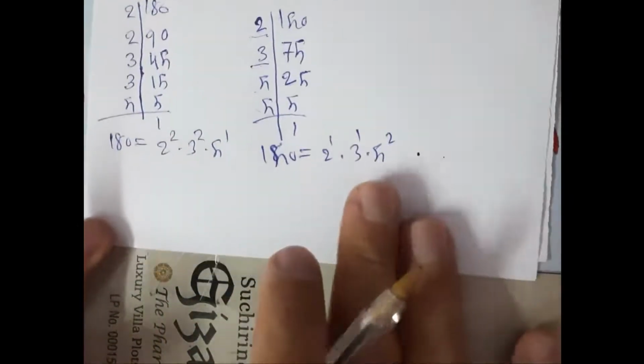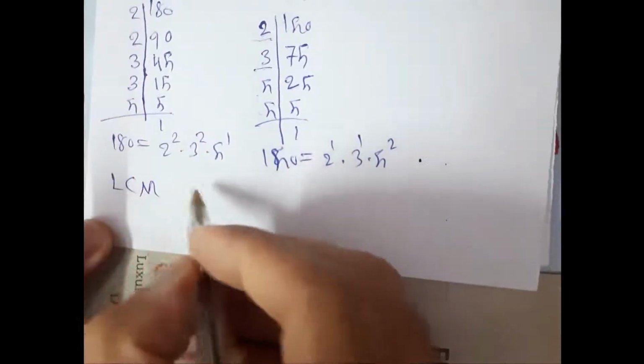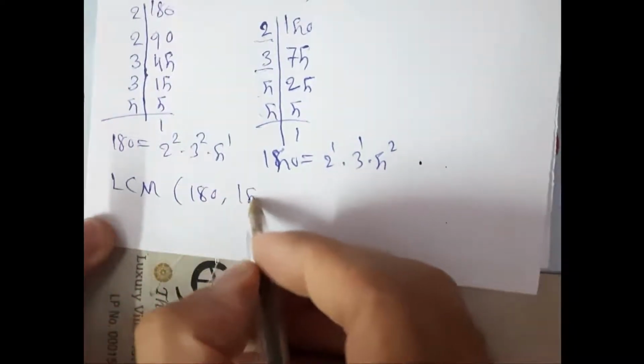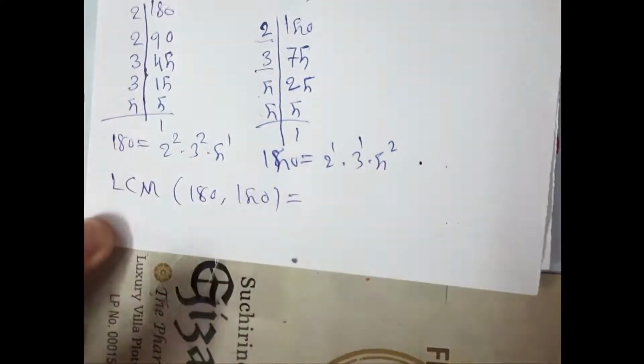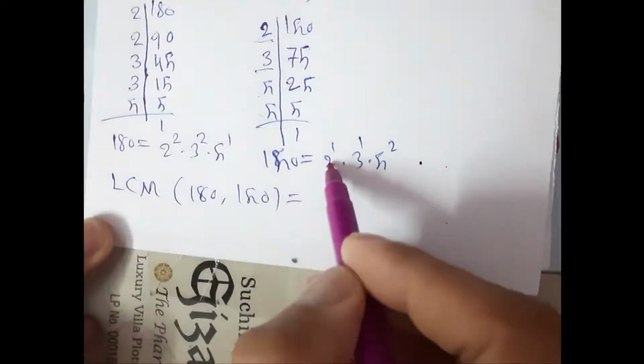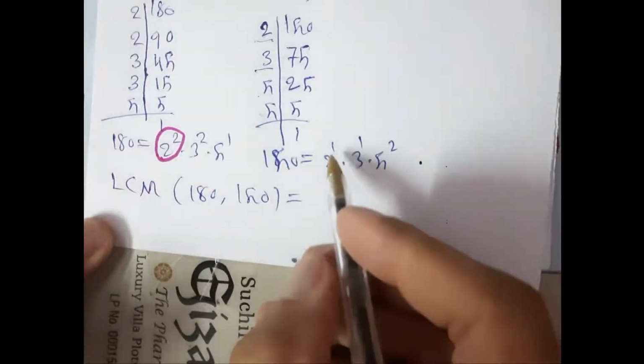So now we want to write the LCM of 180 and 150. Here we have 2 to power 2 and here 2 to power 1. We choose this one because it is greater than 2 power 1.